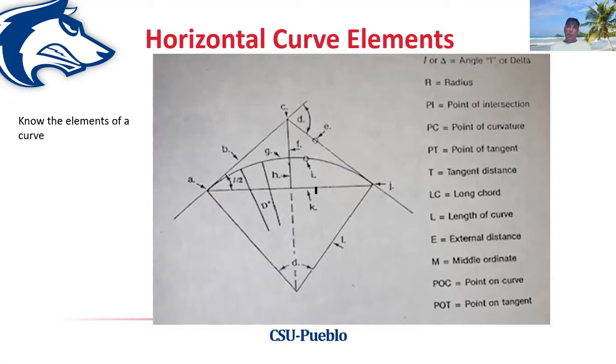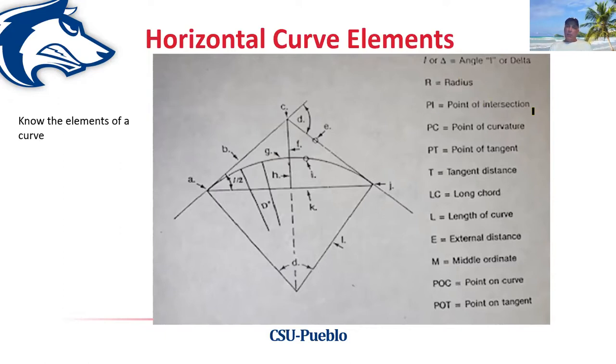So this letter R, or this distance R right here, or the radius, is an important point, and it determines the curve. If you remember earlier when I talked about simple curves, we talked about this being the radius point for that particular curve, and that distance along the way being consistent throughout the same radius. So that is what is defined as the radius.